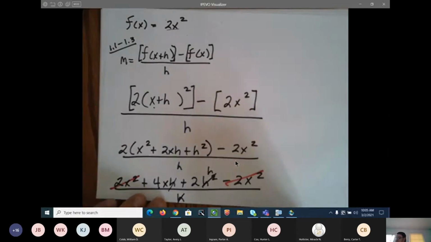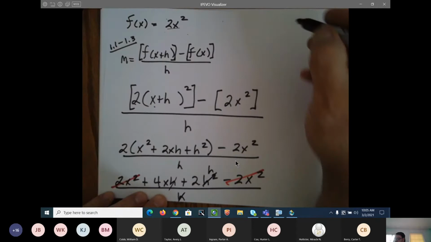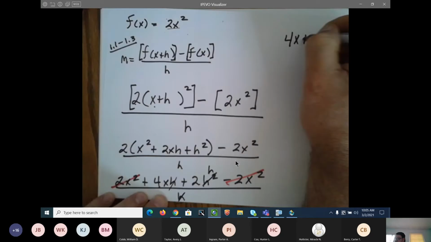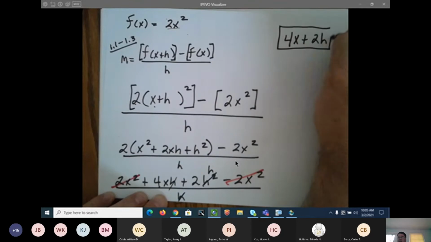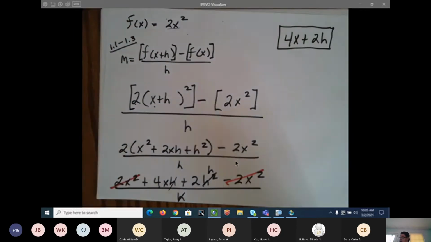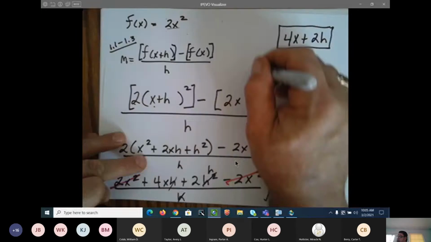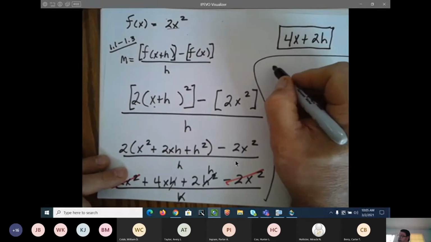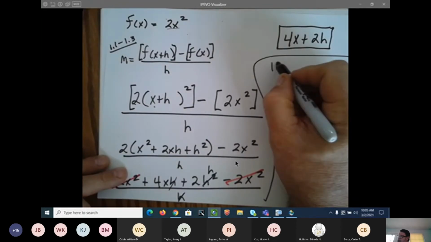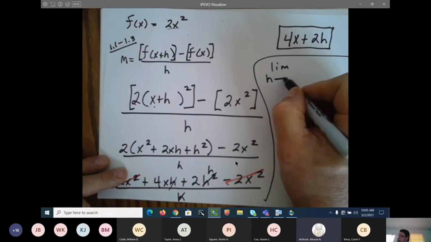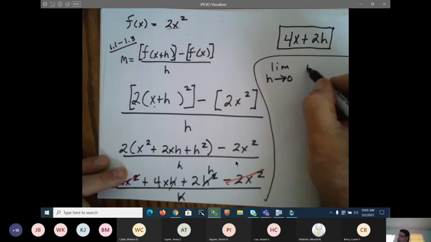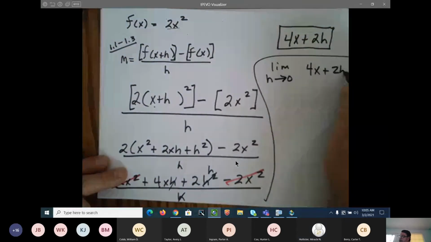So 4x plus 2h is our algebraic answer. That's the answer they want for this homework question. But we're going to go ahead and do 1.4. We're going to do the limit as h approaches 0 of 4x plus 2h. And what is 4x plus 2 times 0?